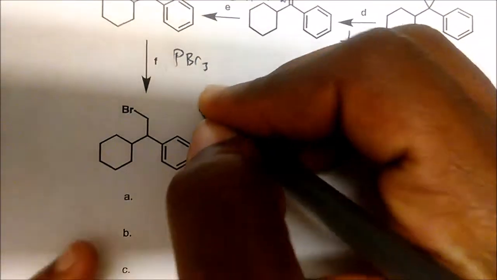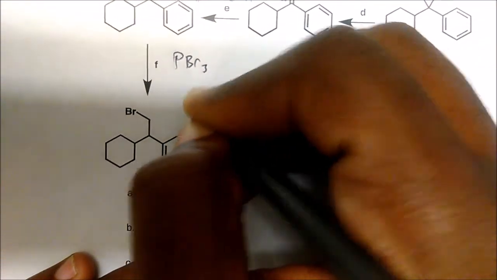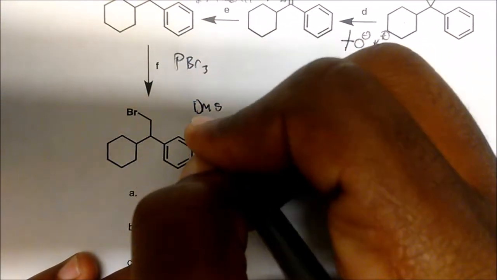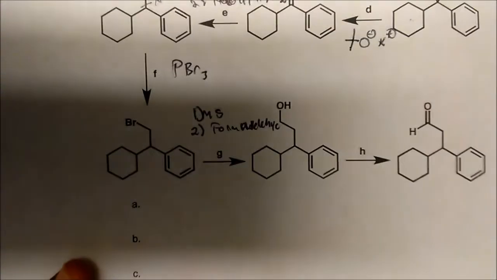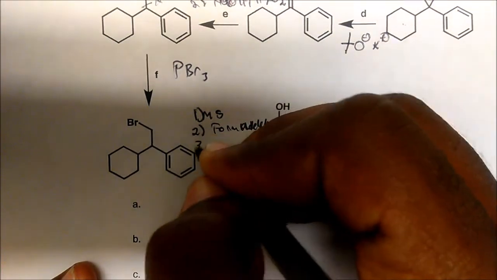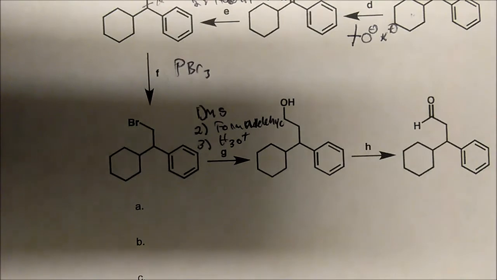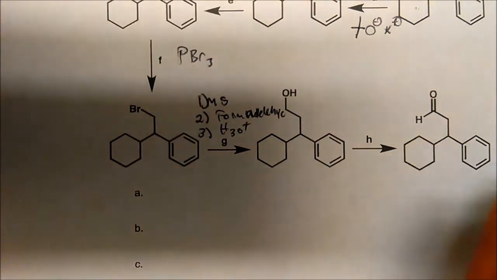I could add magnesium in the first step to create my Grignard reagent, and in the second step I may add formaldehyde. And in the third step, I'll add some sort of acid. And this will give me my desired product.